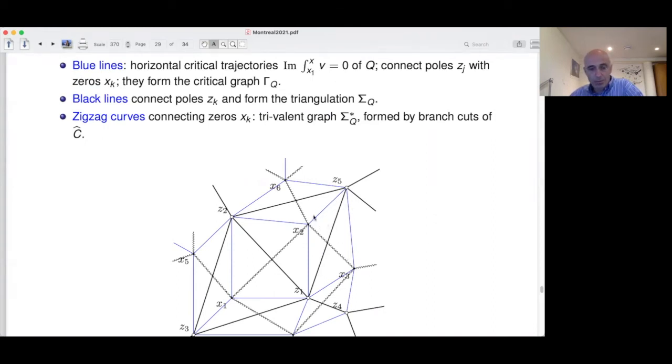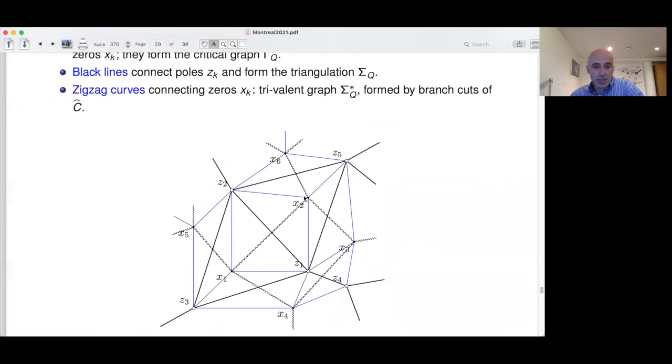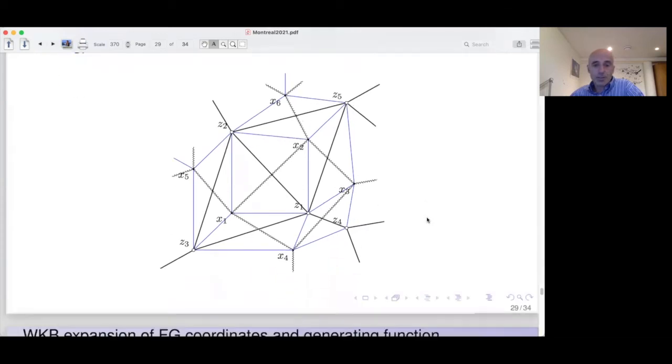X is a zero of V, Z is a pole. So from this blue graph you cook two other graphs. One is the graph connecting Z's, and that's going to be the original triangulation from which we cook Fock-Goncharov coordinates. And another graph are these zigzag lines, which turn out to be actually the branch cuts on the canonical cover.